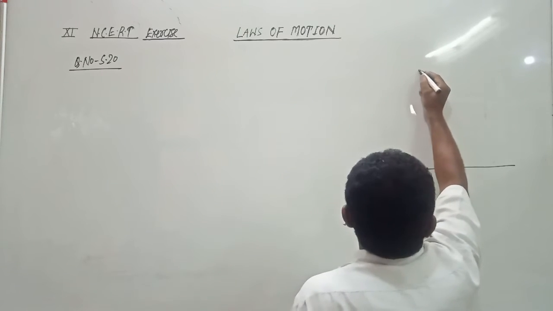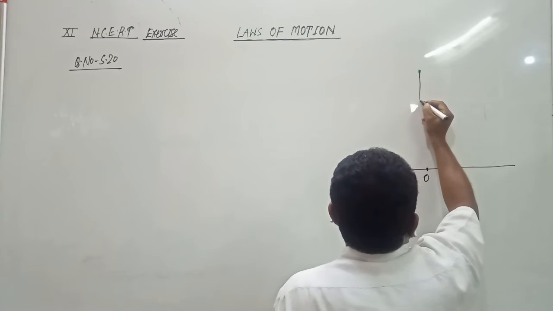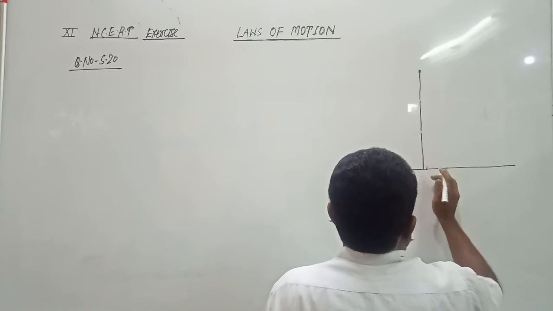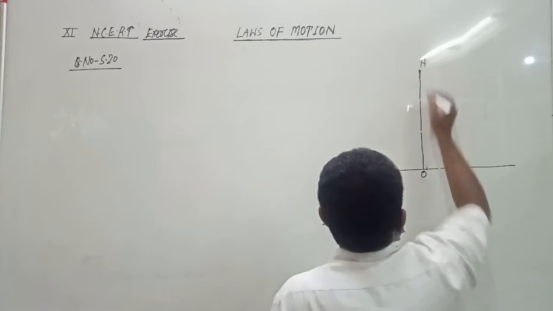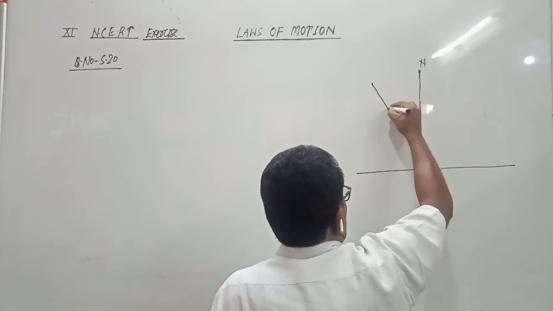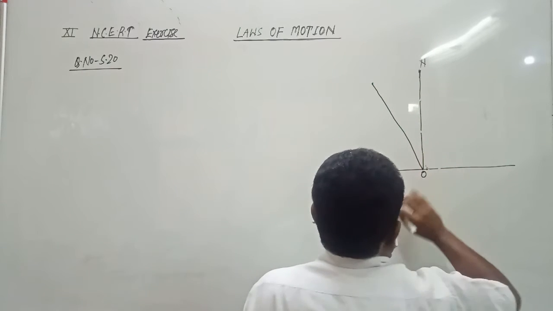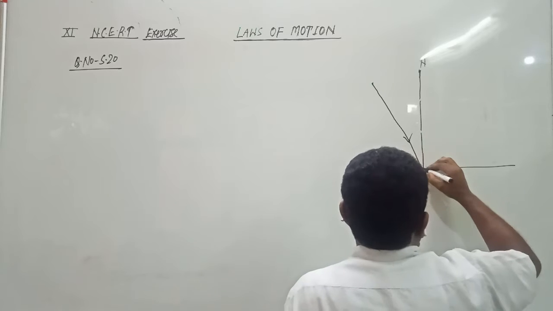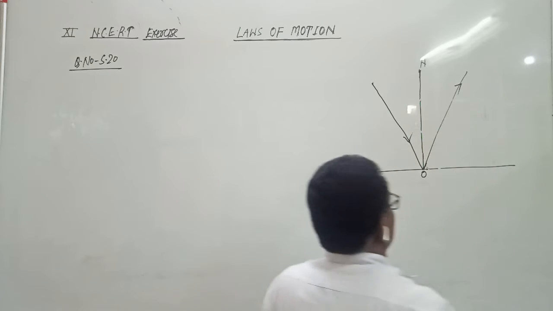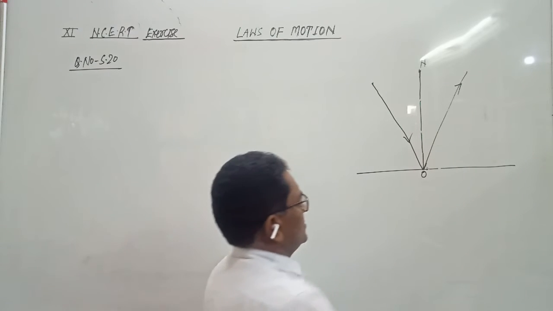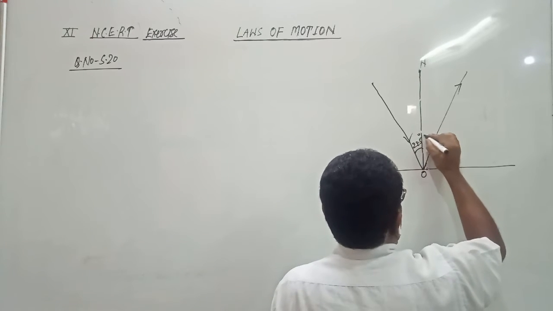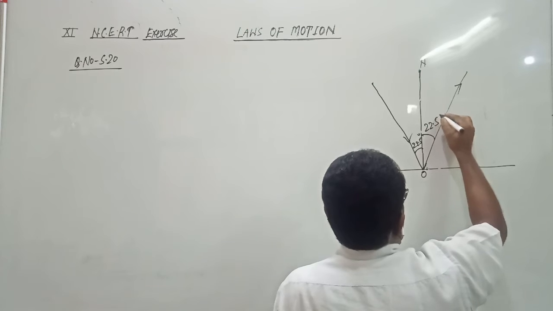And this is the vertical line, name it L. The ball comes to the bat and the batsman deflects the ball at an angle of 45 degree. So this whole angle is 45, which means the half angle is 22.5 degree and this angle is also 22.5 degree.